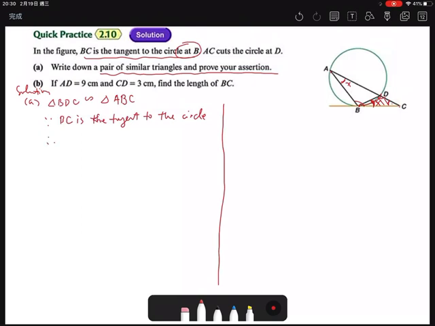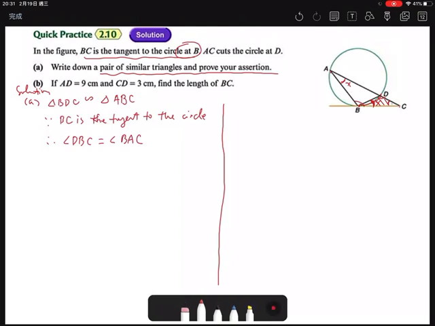So we can get that angle DBC equals angle BAC.